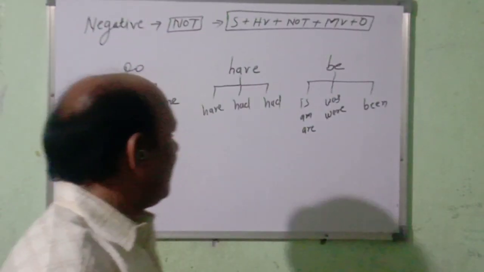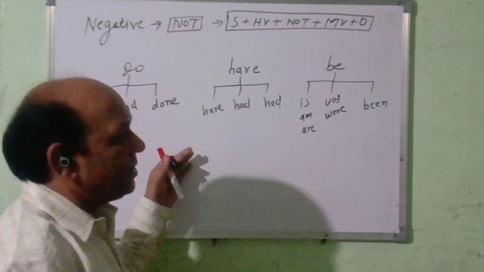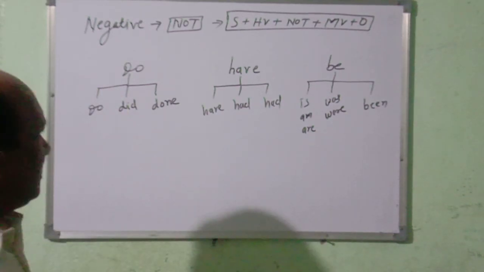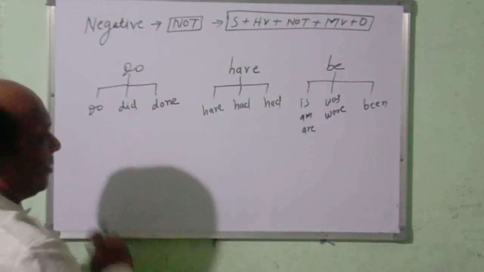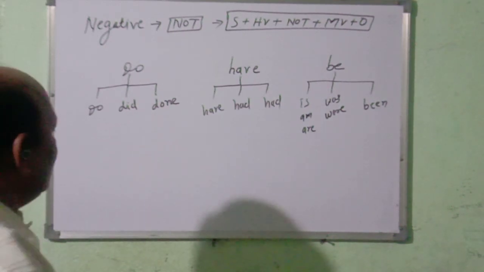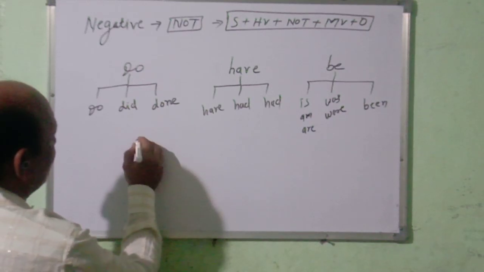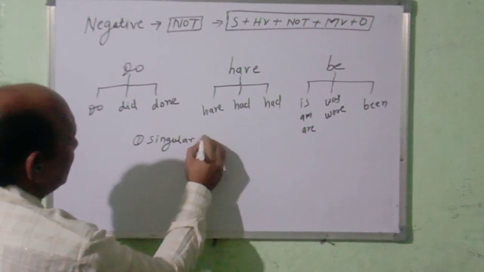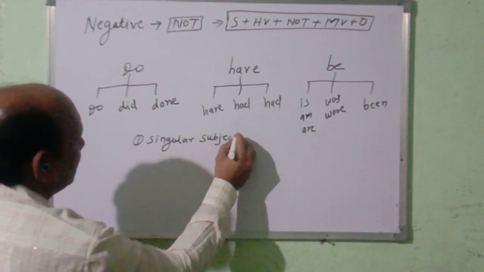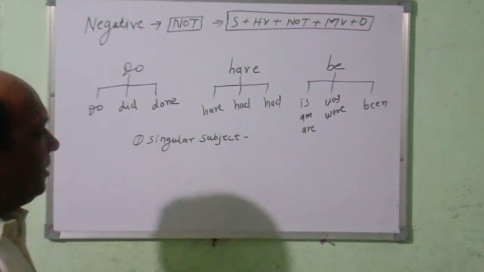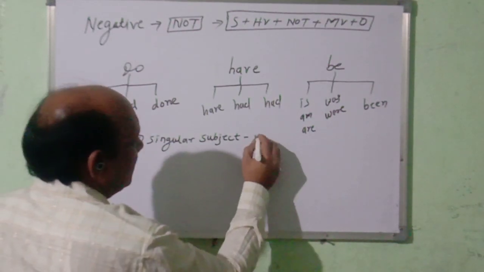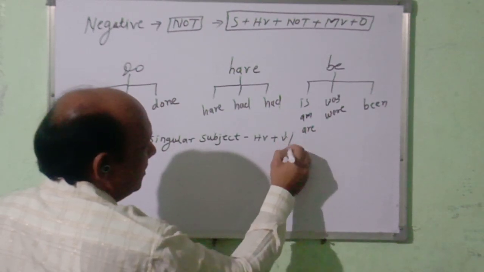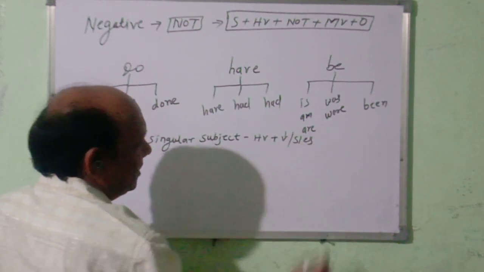Now we will see how to create the sentence with the help of the subform of the primary verbs. First we have to observe the rule. For the singular subject, we have to use helping verb plus V1 plus S or ES.